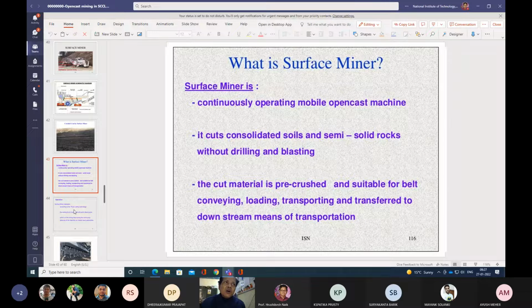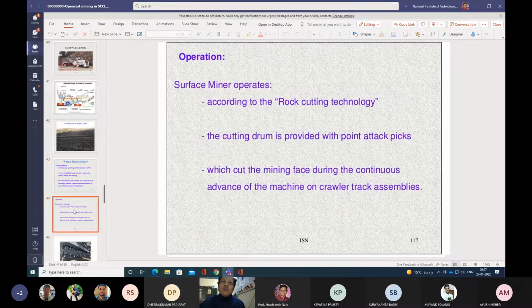So how is the surface miner operated? See, the operation of the surface miner is carried out according to the rock cutting technology. In rock mechanics, you must have studied the characteristics of the rocks.